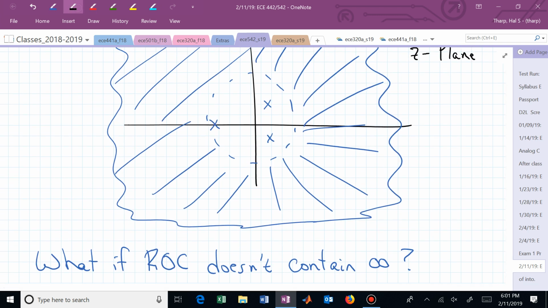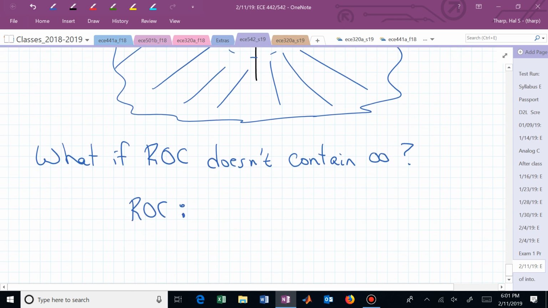Suppose that this distance right here was R1. That's where that pole was. Then we're saying that the magnitude of z is less than infinity and bigger than R1. That's the region of convergence for the variation on pattern number 1.